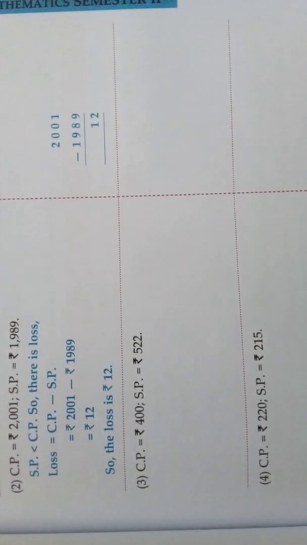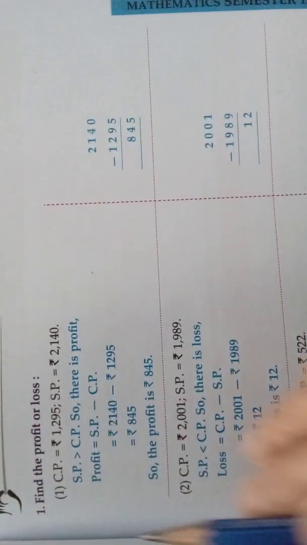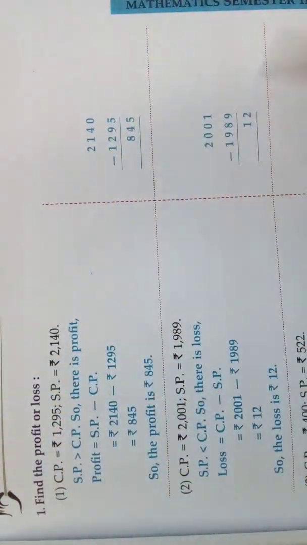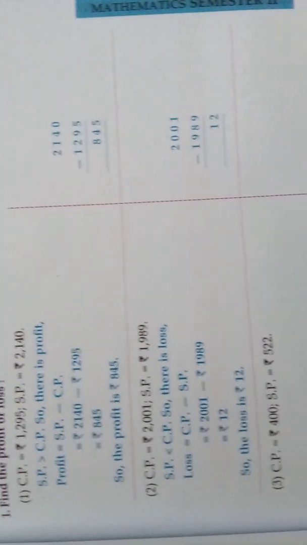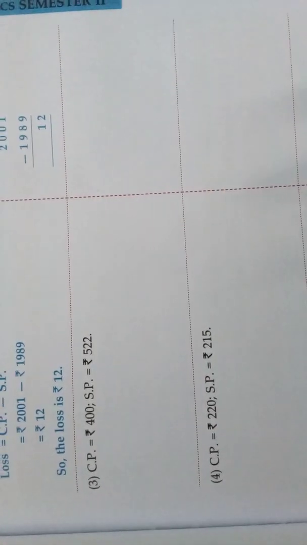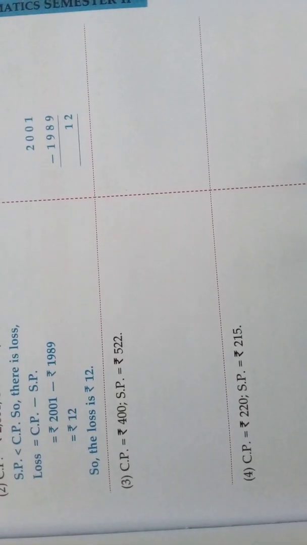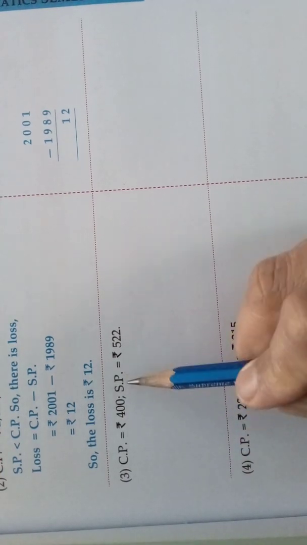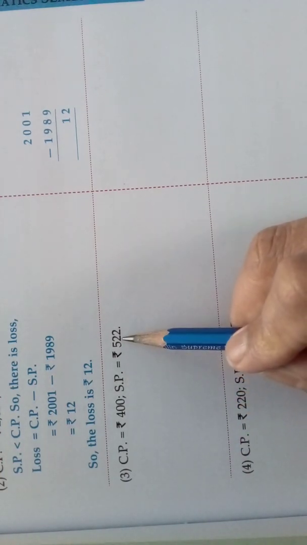See, what is the question? We should find whether it is a profit or loss. Come, we will go to the third sum. Look here, cost price is 400 rupees. Selling price is 522.